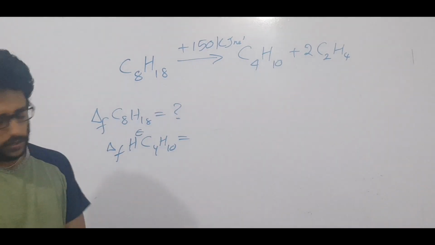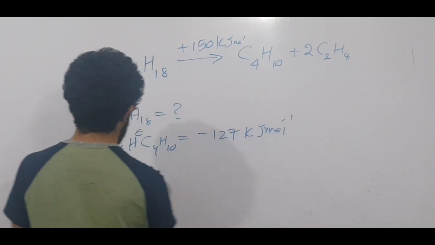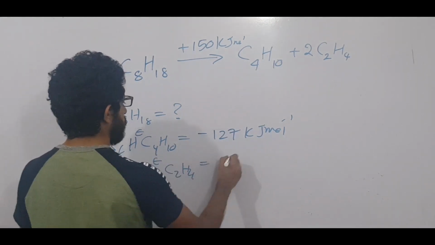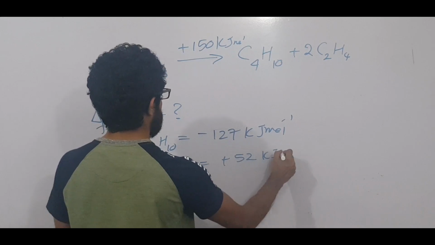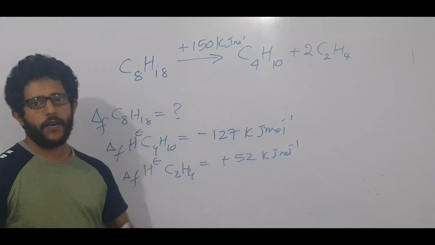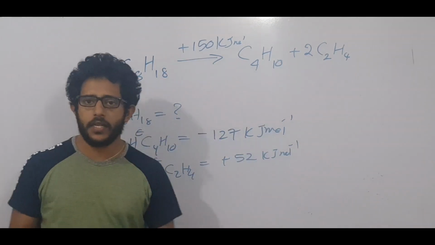Formation enthalpy of C4H10 is around minus 127 kilojoule per mole. And the formation enthalpy of C2H4 equals a positive value, plus 52 kilojoule per mole. So these are the data you are given. Let's see how we can find the enthalpy change of formation of C8H18 using the Hess cycle.